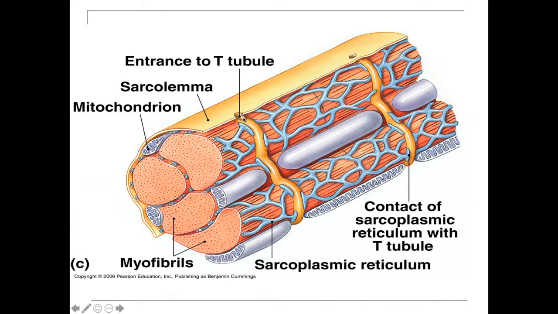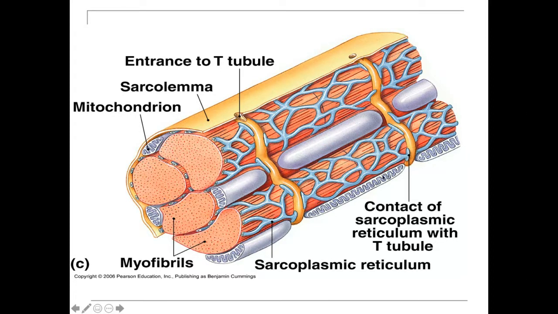So when the excitation, depolarization comes down through the transverse tubule, it's going to move inward to the sarcoplasmic reticulum, telling the sarcoplasmic reticulum to release calcium. And calcium is going to have a major impact. It is a major player in making muscles shorten and lengthen to contract.